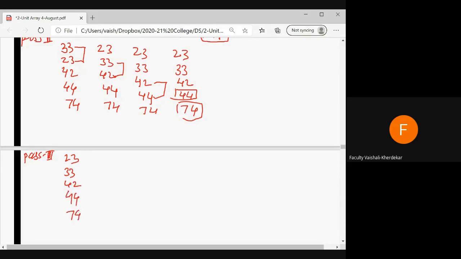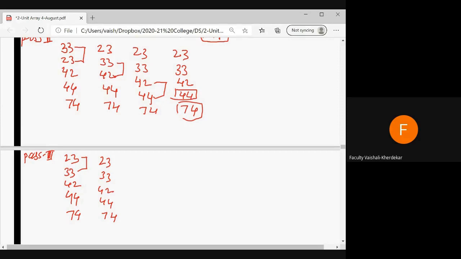Here it is already sorted, but let us see how these passes execute in bubble sort and how the elements are sorted. 23 you compare again with 33. It remains as it is, so it becomes again 23, 33, 42, 44, 74.